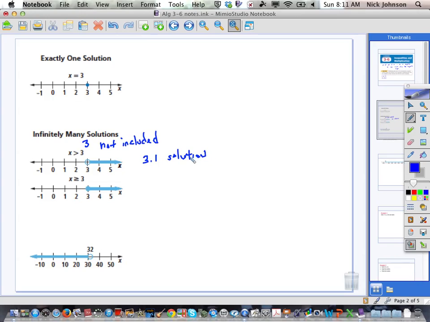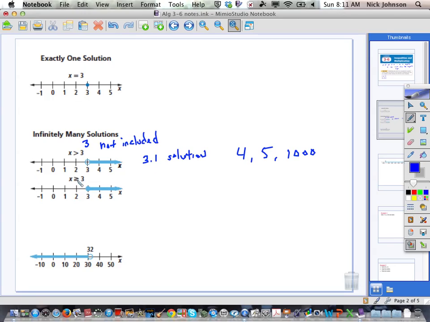Any other number greater than 3 is a solution. So 4, 5, 1,000, all those are solutions. In this case, 3 is not a solution, nor is a negative 1.